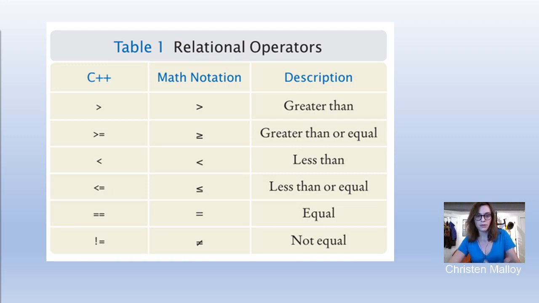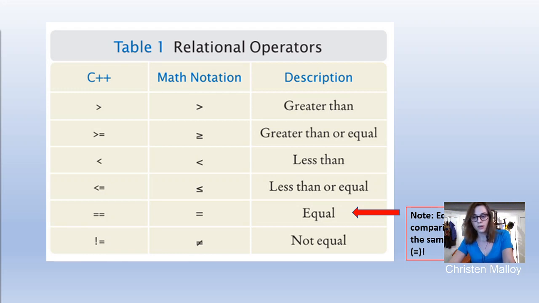They're slightly different because of our keyboard. And you can see that we're combining a greater than or less than with an equality sign. We're using two equals for a comparison of equality, and an exclamation point followed by an equal sign for saying that they are not equal.